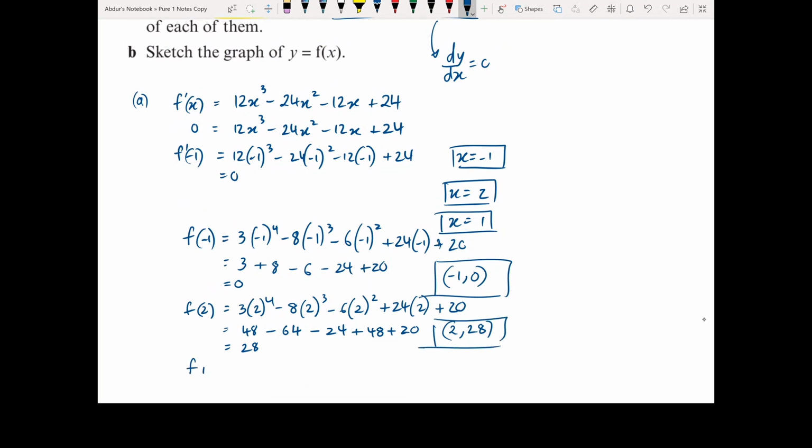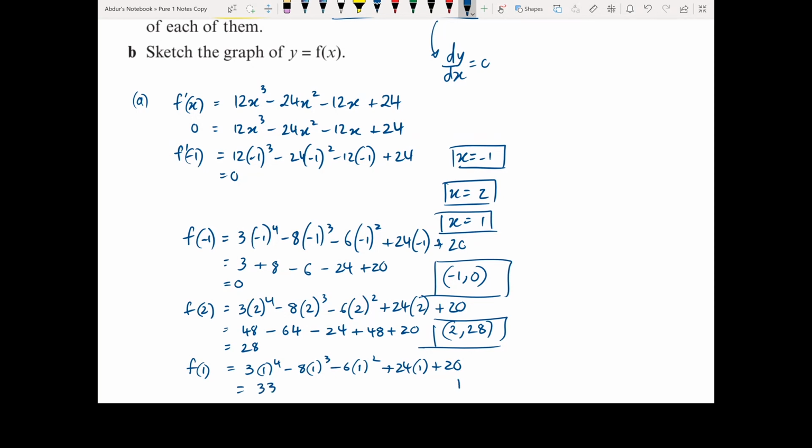And lastly, f of 1 gets us 3 minus 8 times 1 to the power of 3, minus 6 times 1 to the power of 2, plus 24 lots of 1 plus 20. That gets us 3 minus 8 minus 6 plus 24 plus 20, which is 33.